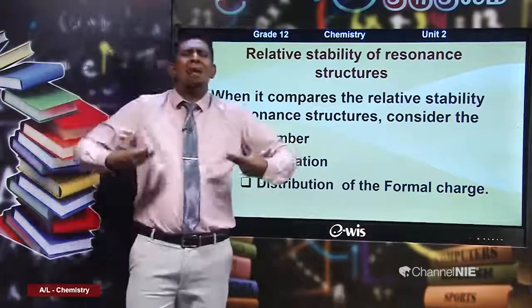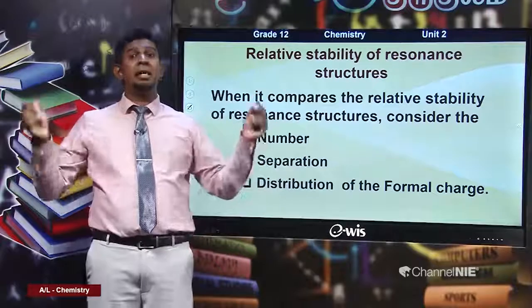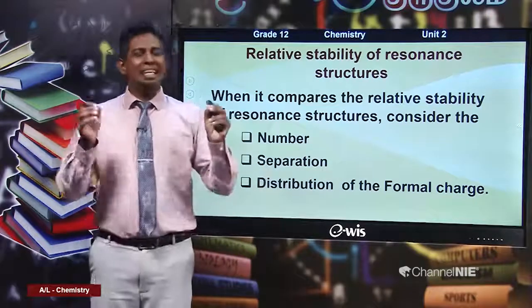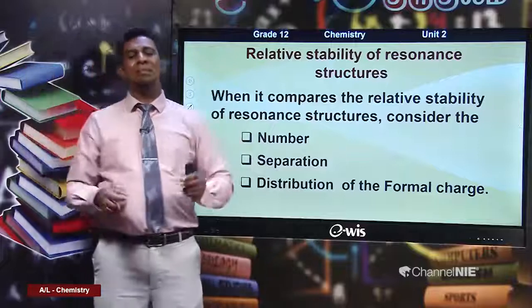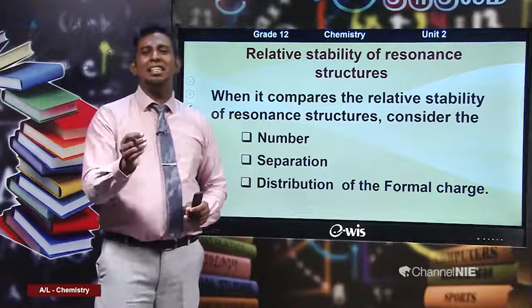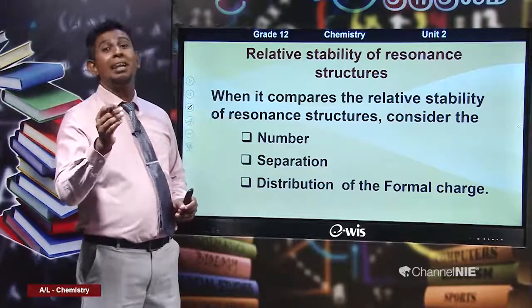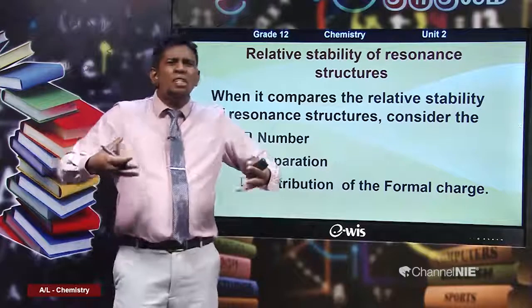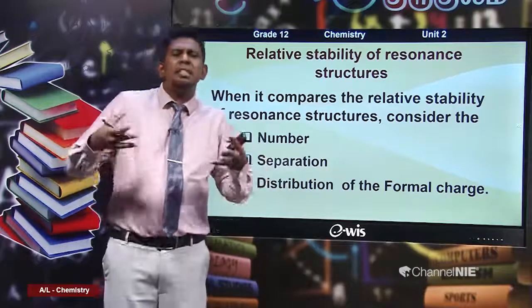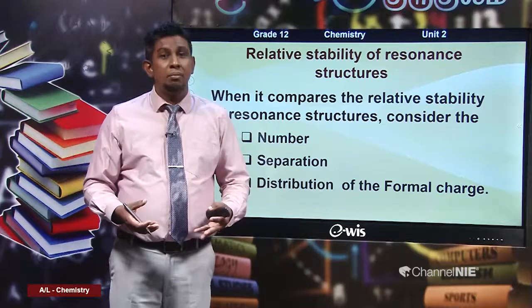Charges make them unstable. Neutral is the best in this aspect, not always. Okay, charges make them unstable. Regarding atoms, I'm saying, right? Charges make them unstable. When you have more charges there, it's more unstable. Fewer charges there, it's more stable.